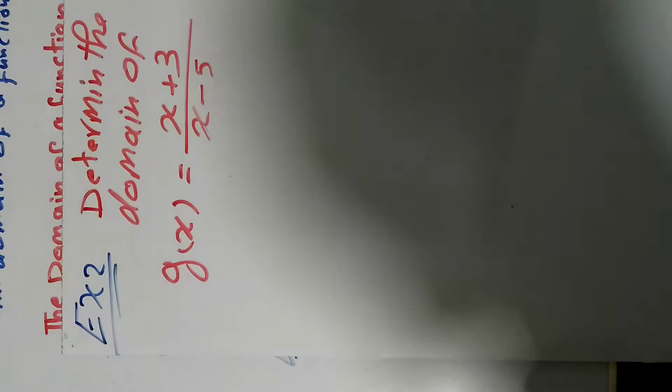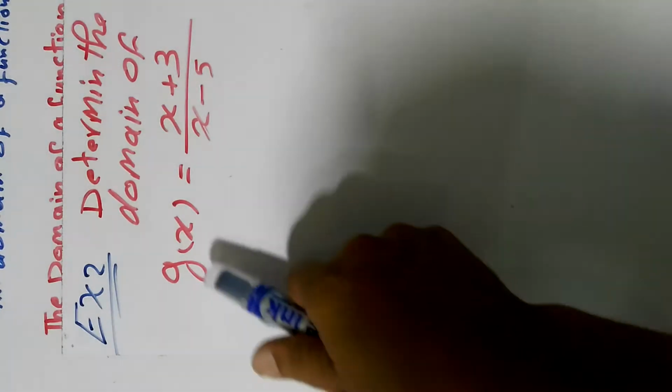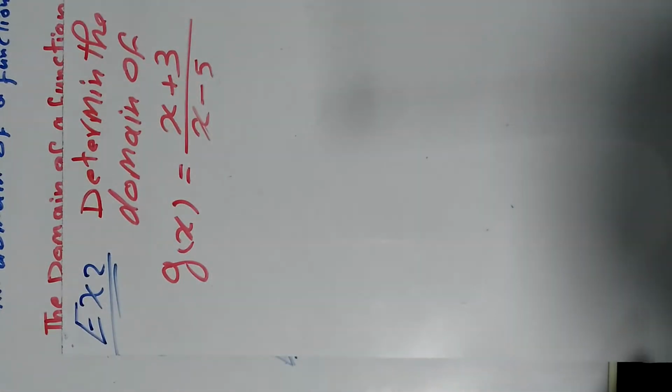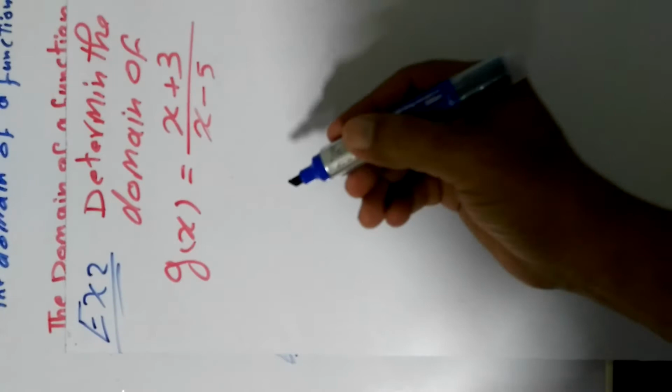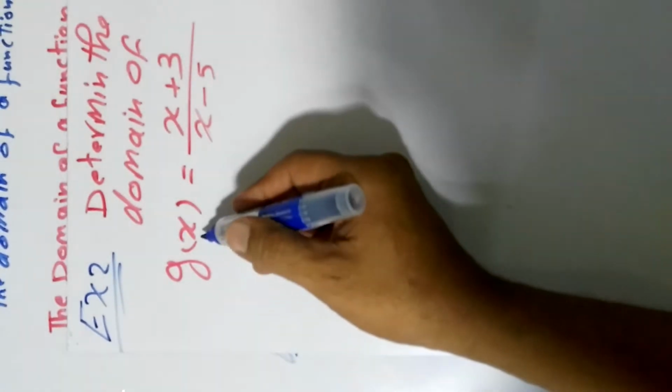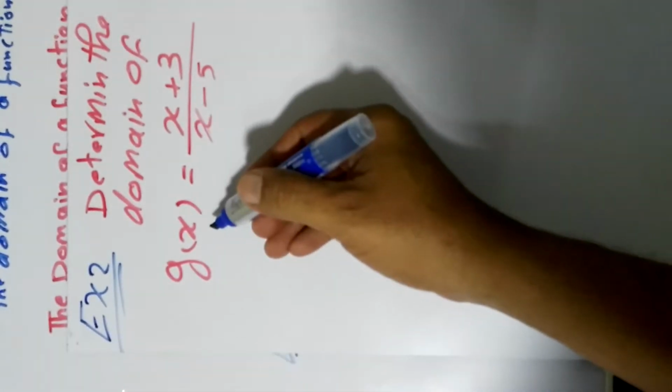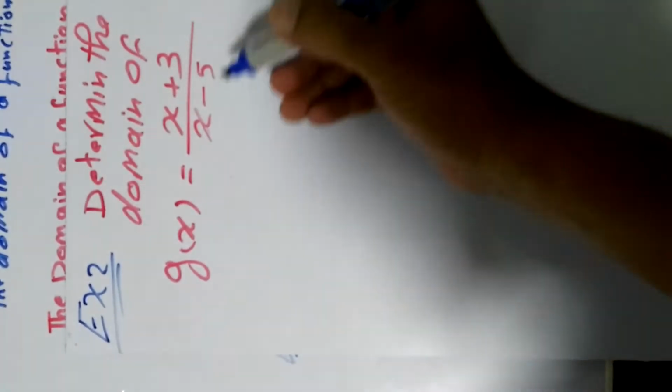Example number 2. Determine the domain of g of x equals x plus 3 over x minus 5. And again, I'll remind you, we are looking for the values that go into this machine, or this function, and the result must be a real value.